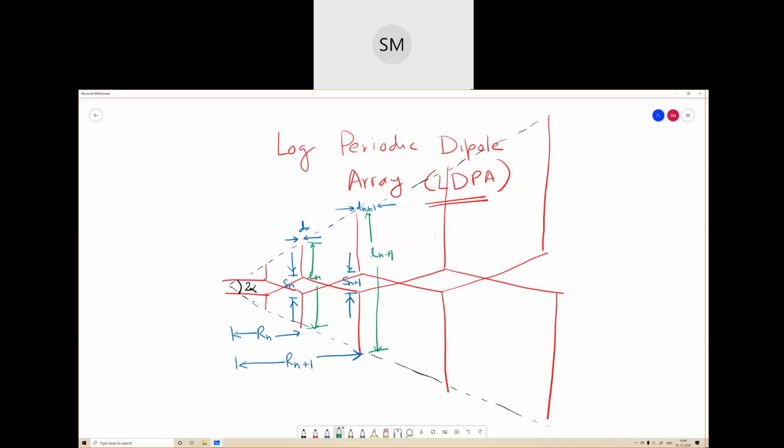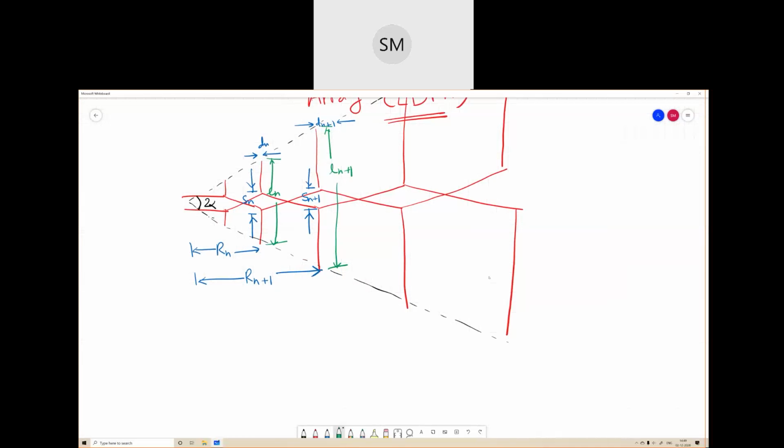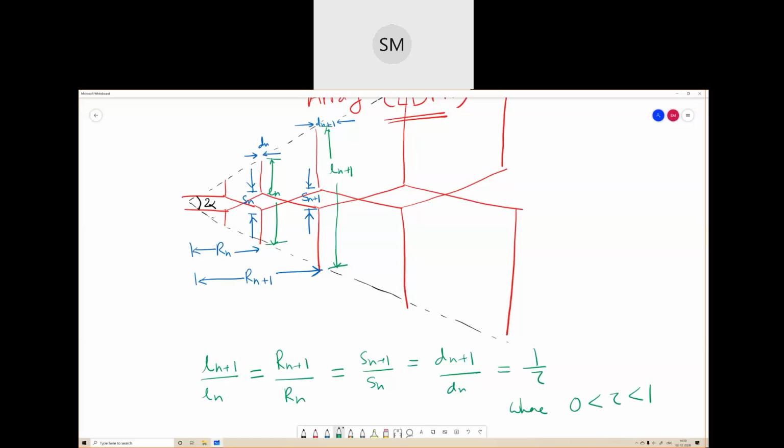Then the most striking feature of a log periodic antenna is given by Ln plus 1 by Ln, that is the same as Rn plus 1 by Rn, that is the same as Sn plus 1 by Sn, that is the same as Dn plus 1 by Dn, that is equal to 1 by tau, where, okay.